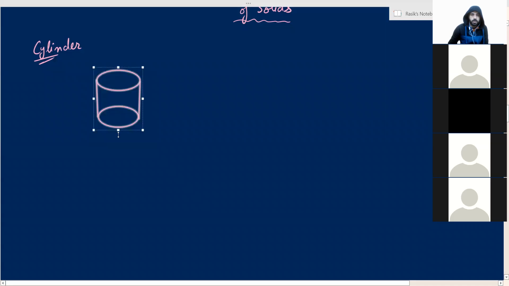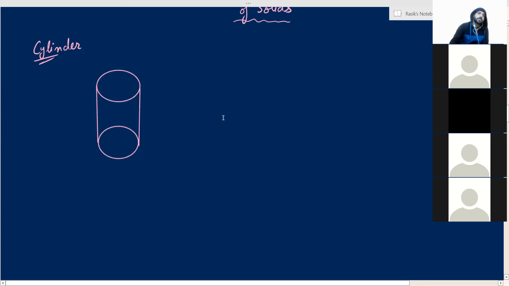This is a cylinder. The top of a cylinder is circular in shape, and the bottom of the cylinder is also circular in shape. A circle has a particular radius, and there is a curved surface of a cylinder also.